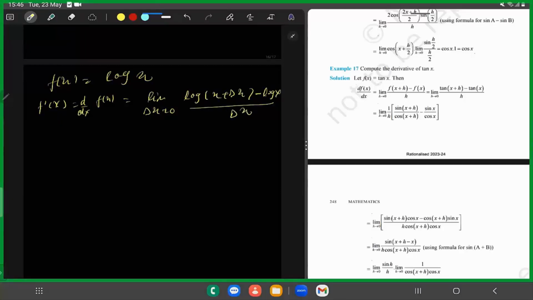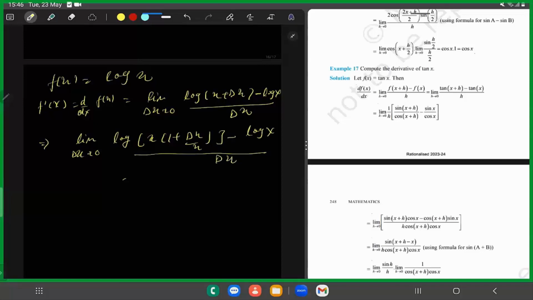If I write it further, this is equal to limit delta x tending to 0 of log of, taking x common, x of 1 plus delta x by x, minus log x, by delta x.